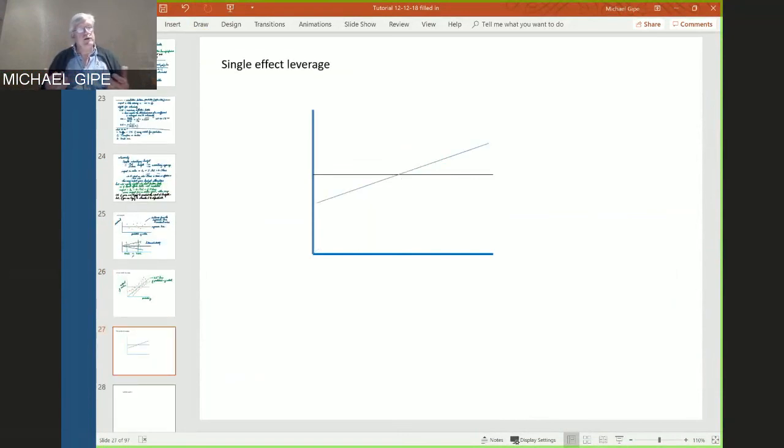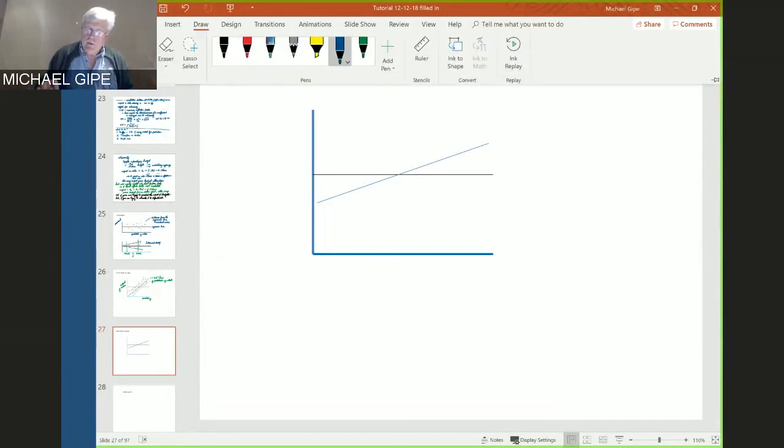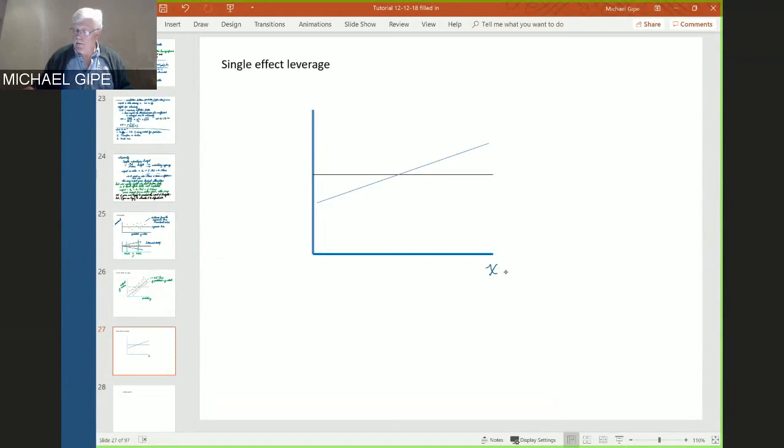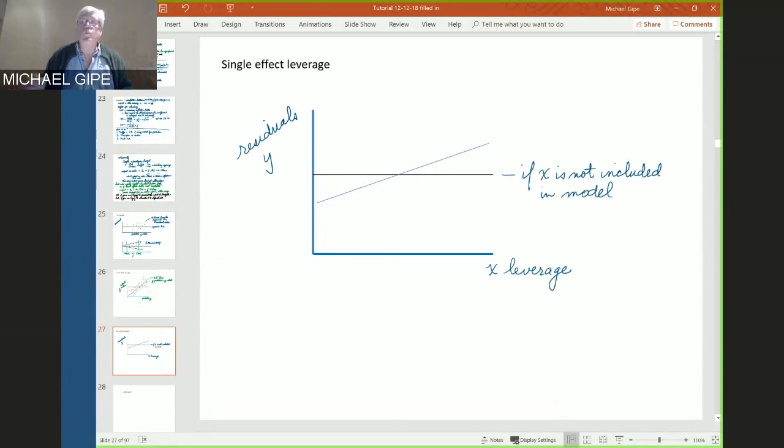We can also look at the single effect leverage. And this one is a little bit different. Essentially, we're going to take and plot the X leverage for a particular X. And we're going to look at the residuals in Y. And the center line, the flat line, is if X is not included in the model, what is the impact of this particular X variable on Y?